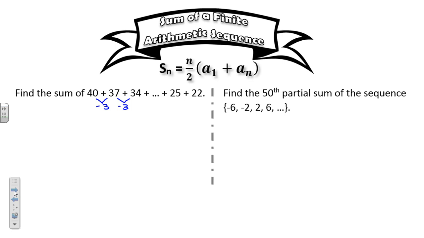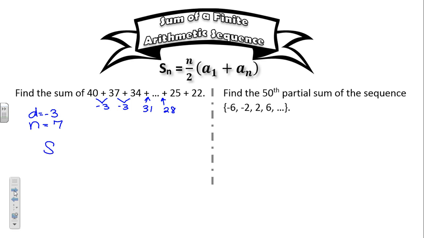So if we take away 3 from 34, we get 31, and then take away 3, we get 28, and then 25, right? So we know our common difference is a negative 3. And we know that we have 7 terms.